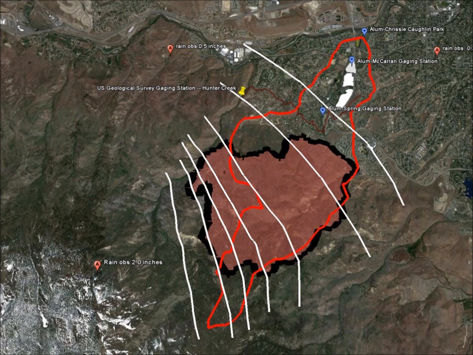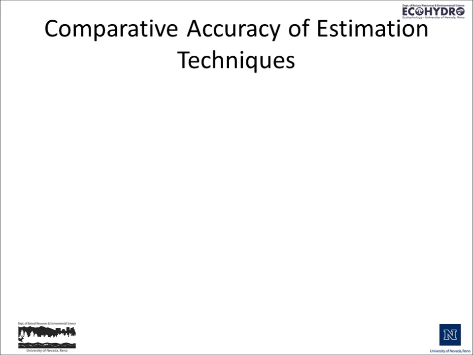And if we use the area in the little zone divided by the total area and multiply that by the presumed amount of rainfall, which in this case would be the average of the amount of rainfall on both bounds of the isohyets, we can develop an area weighted average that accounts for the fact that there's tremendous variability across this watershed.